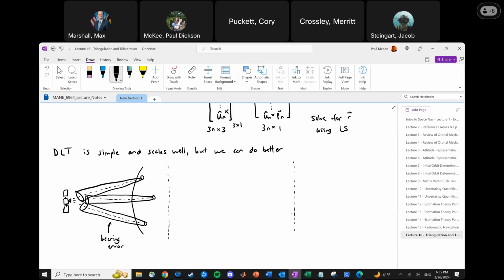Now let's consider the problem where it's the same moon, hasn't moved. You've got feature point here, feature point here, feature point here, and you've got a spacecraft all the way down here. Okay. What's the problem now? Well, so you've got your, I see one this way, and I see one this way, and I see one this way, and it's the same bearing error.